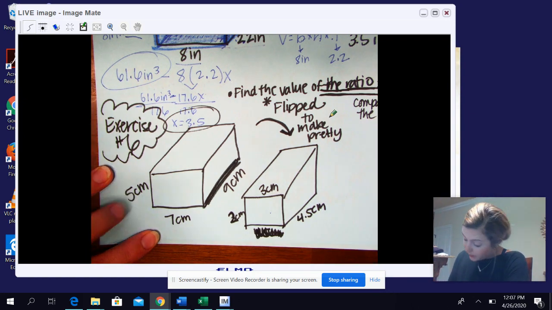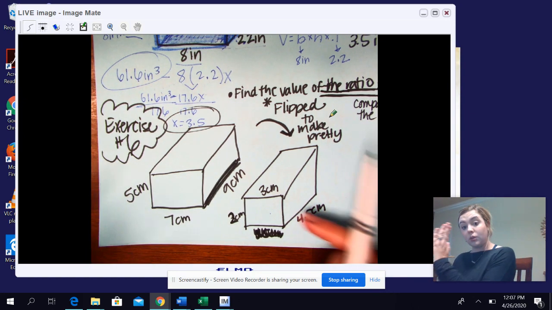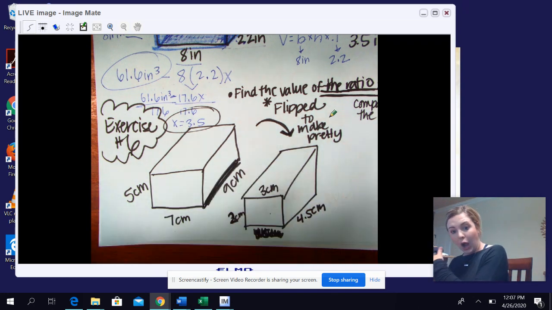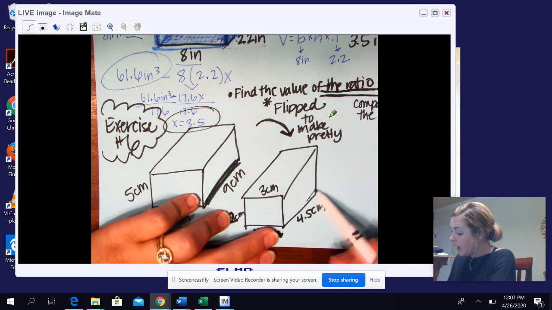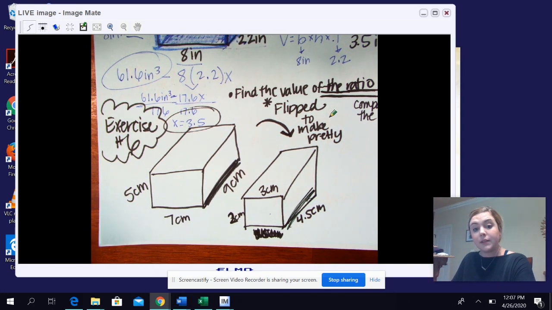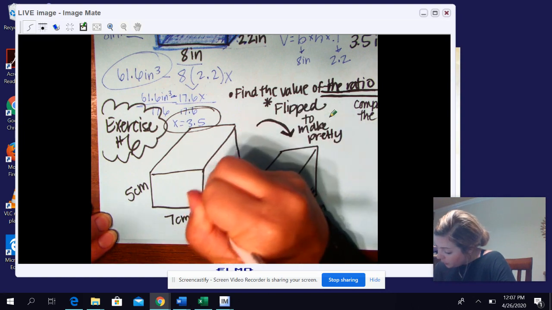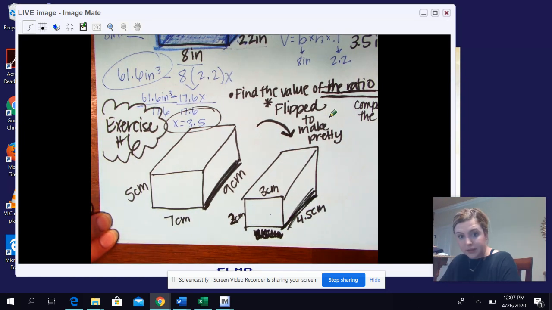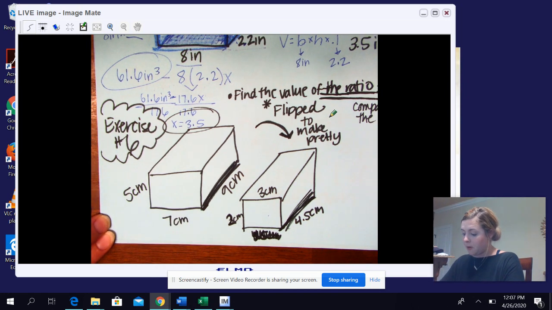Well, in your book and on the PDF, it's not right here. So all I did was essentially knock that rectangle over, if you will, and make 4.5 the same size. I can compare them a little visually easier and know that this side would correspond with this side. That kind of goes back to corresponding sides, which we did back in September.